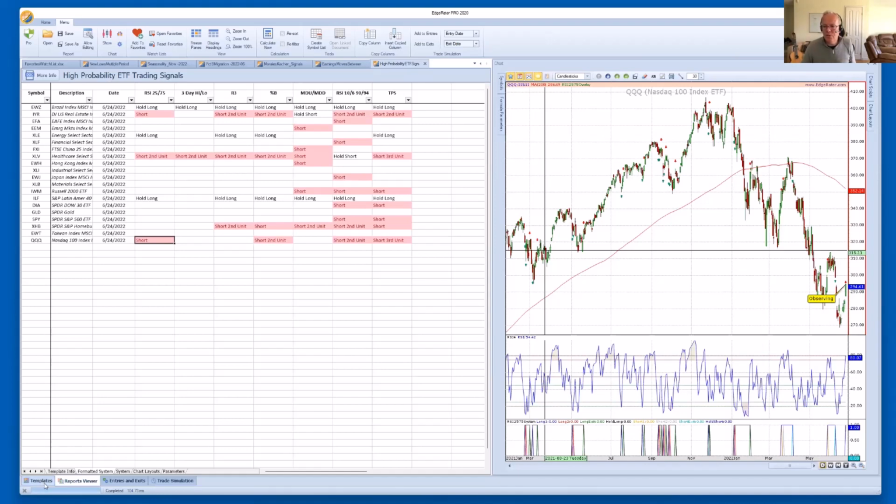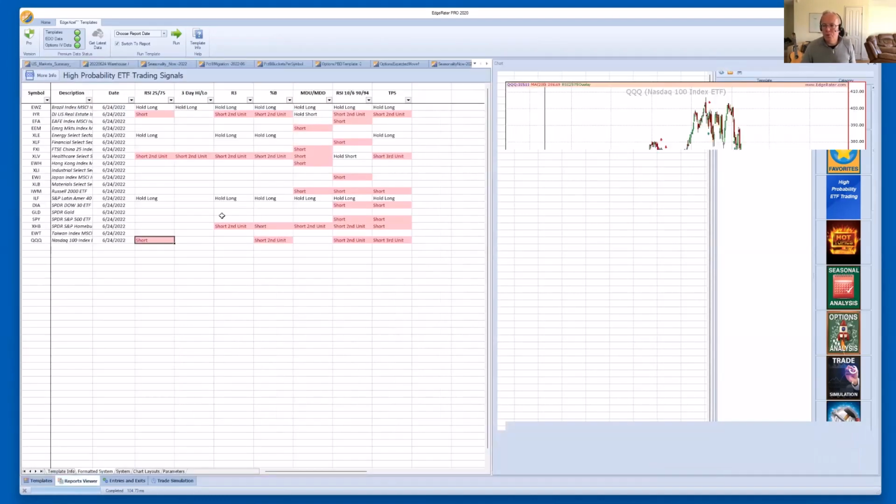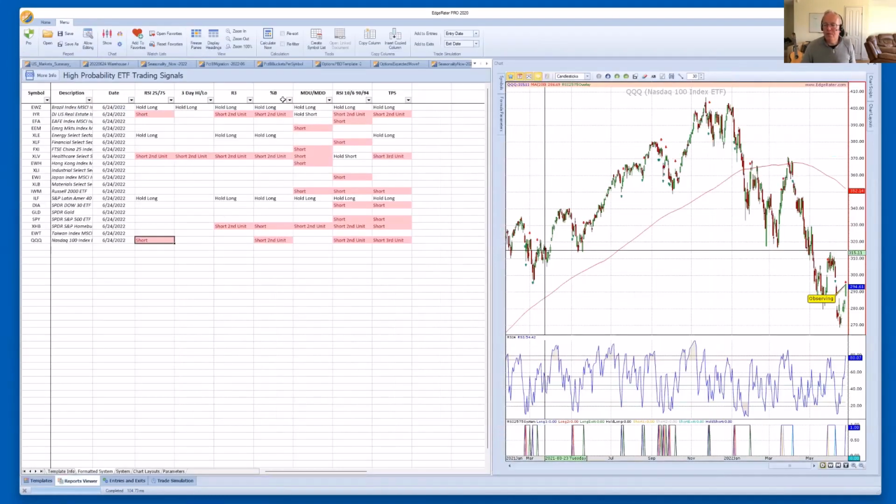You would first of all wait till about 5 minutes prior to the close, then hit this intraday update button here, which would grab the latest data from Thinkorswim. So you do have to have Thinkorswim, and then it would produce a report telling you what you should be doing with that strategy.